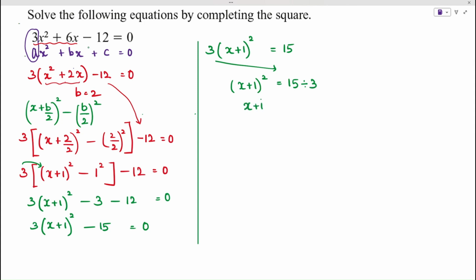Now we square root both sides, and with this we get x plus 1 is equal to plus or minus root of 5. Now we move our 1 to the other side, so we get x is equal to minus 1 plus or minus root of 5. And here we have our answer.